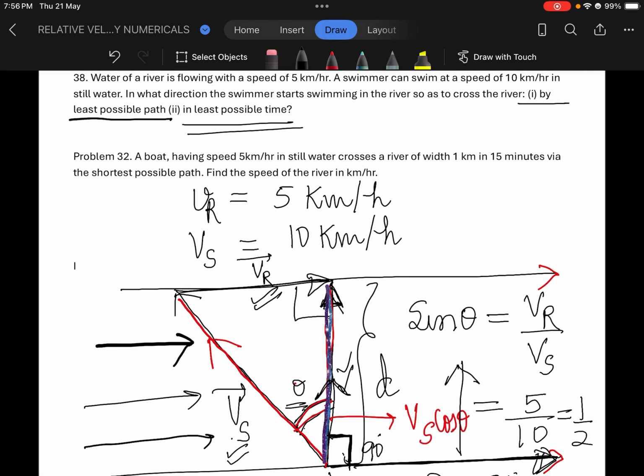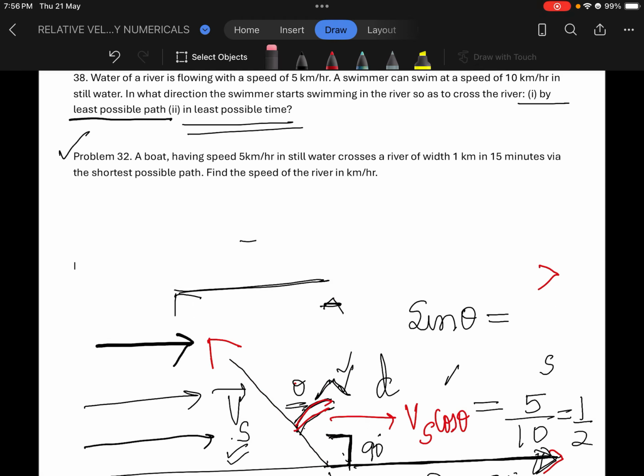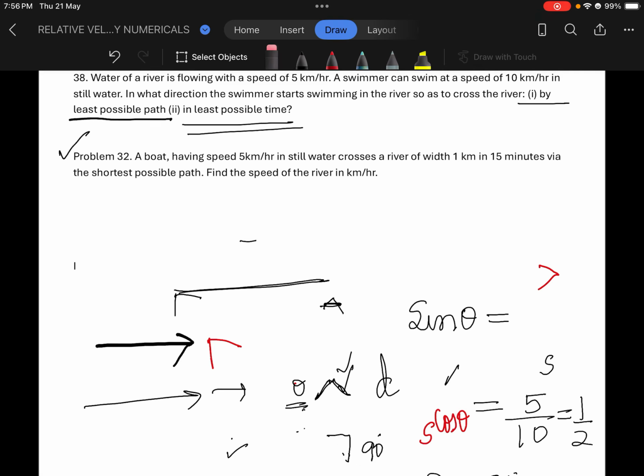This is problem number 32, and perhaps this problem is given in your book as solved. So in the solved problem it is given, but here I am explaining.